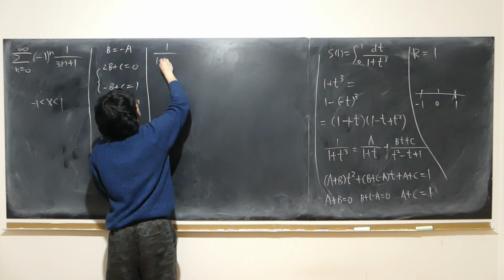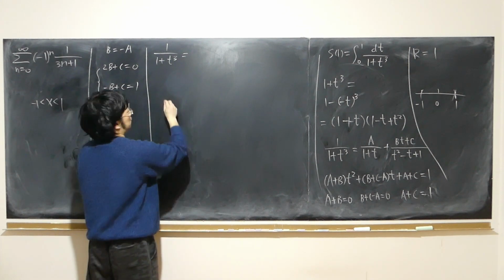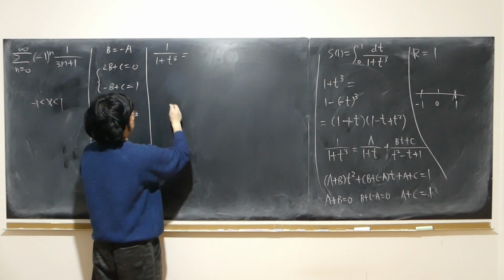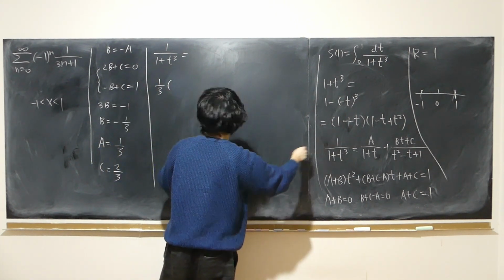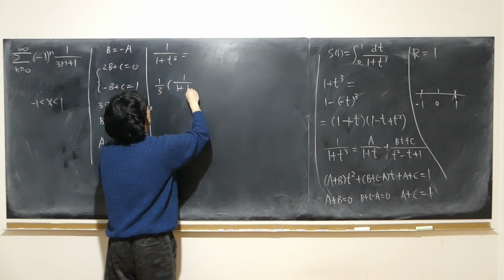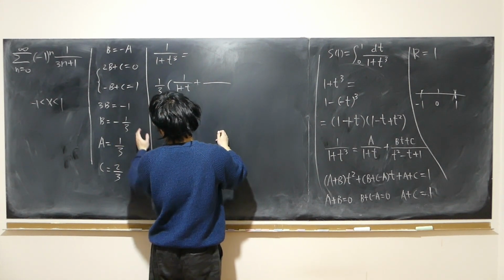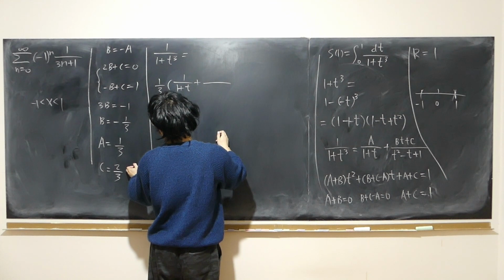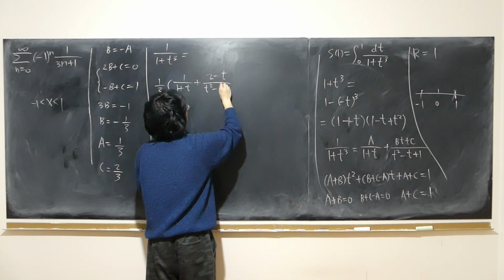So 1 over 1 plus t cubed is equal to, like I said, 1/3 times the bracket: 1 over 1 plus t, plus bt plus c, which is 2 minus t, over t squared minus t plus 1.